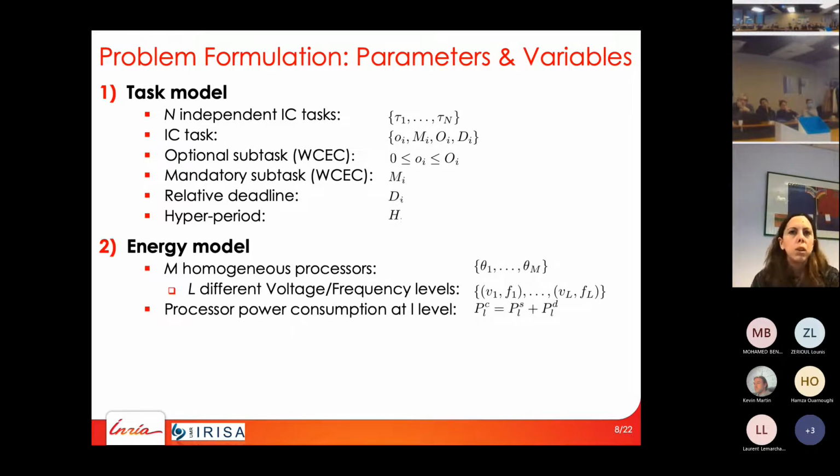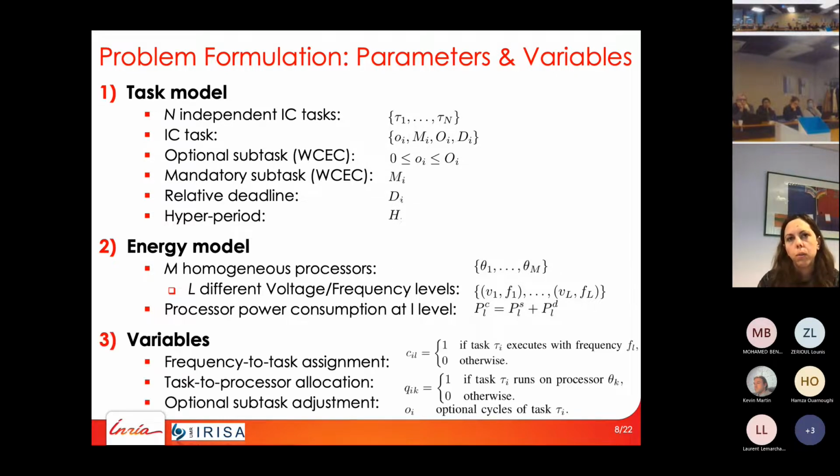Regarding now the energy model, this is given by a multicore platform consisting of M homogeneous processors, and each processor can choose a voltage frequency among L different pairs. The power consumption of a processor at level L is given by the static and dynamic power consumption of the core.